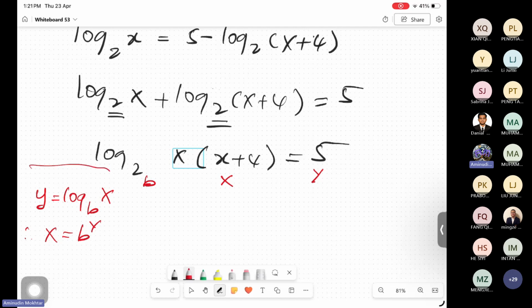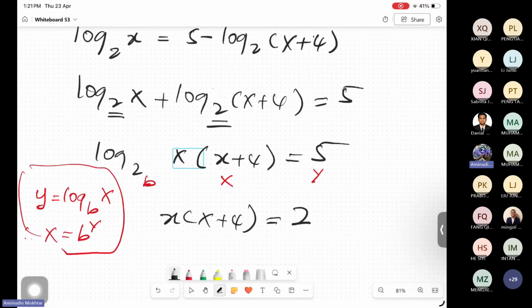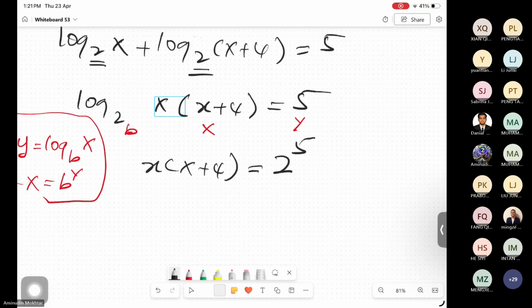So based on this rule, you can write the exponential form of this log. This equals x squared plus 4x equal to 2 to the power of 5, and 2 to the power of 5 is equal to 32.